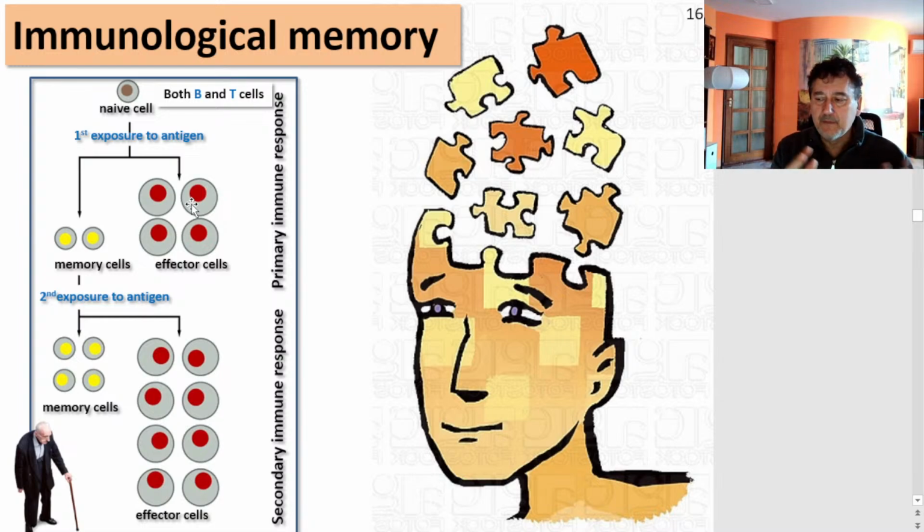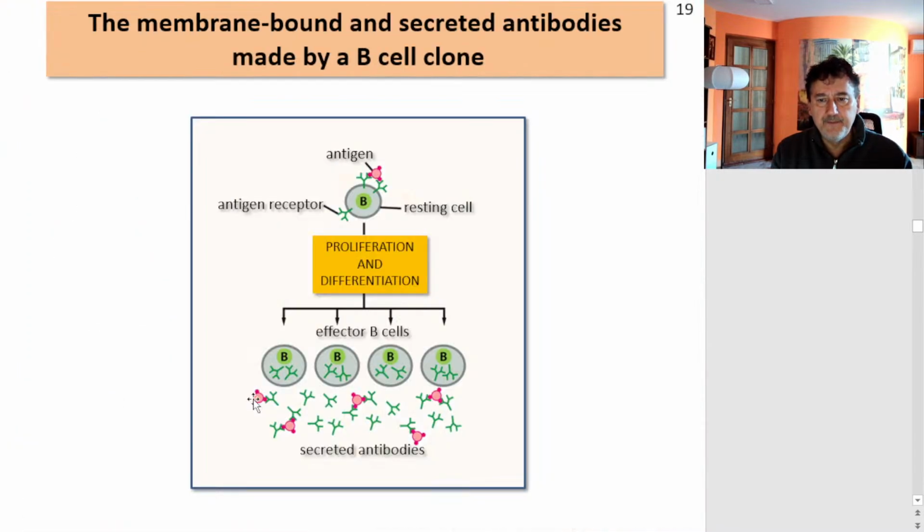Certain B cell and T cell clones are proliferated, but after the second exposure to the antigen, even larger numbers of memory cells and effector cells are produced. What we can see here is what I have mentioned, that there is a relationship between the B cell receptor and the antibodies.